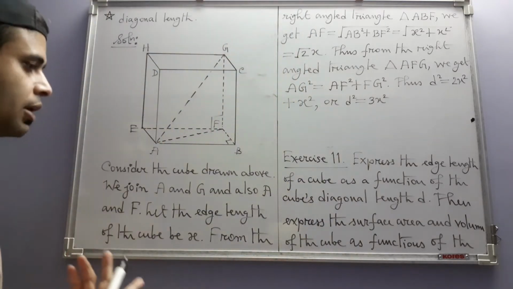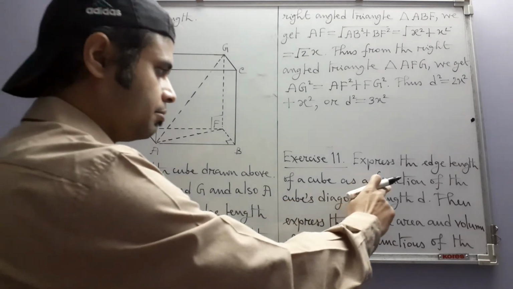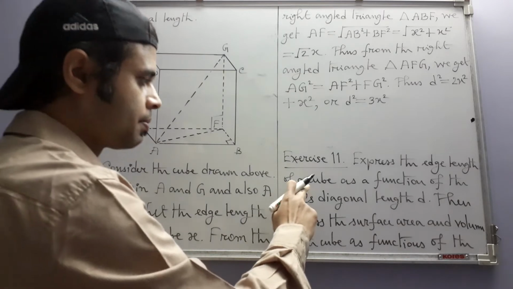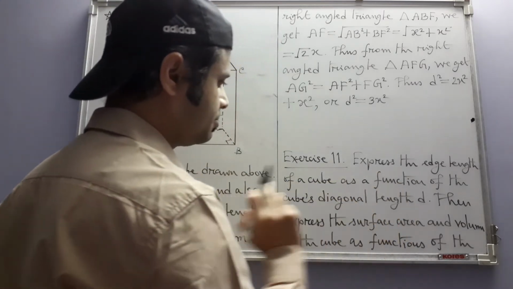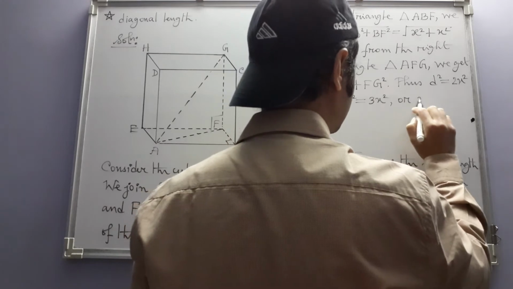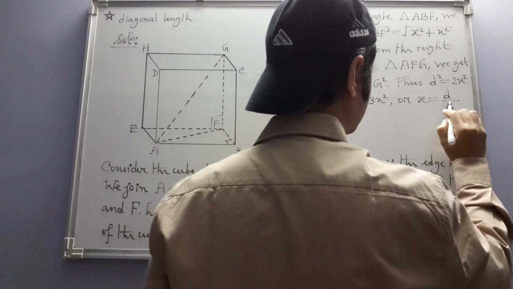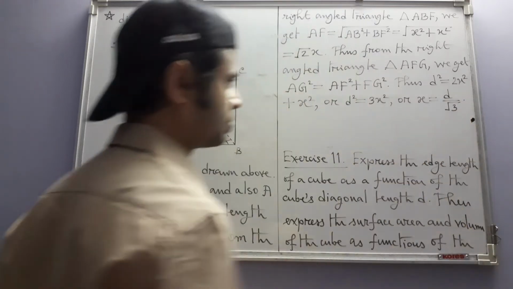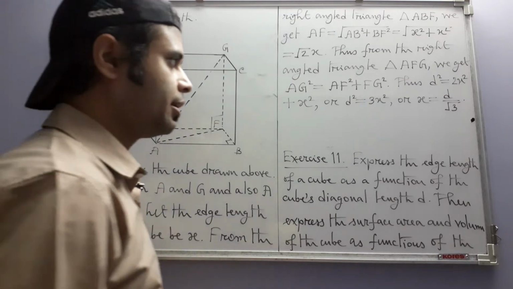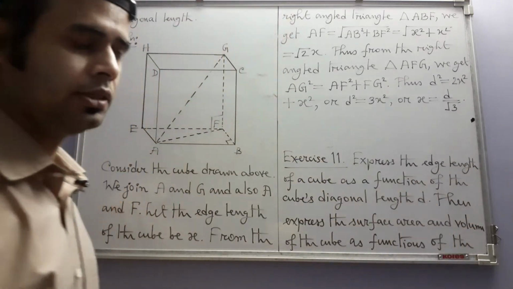So our aim is to find the side length, edge length or side length, same thing, as a function of cube's diagonal length. So it is this edge length as a function of diagonal length. You get the edge length when you divide the diagonal length by square root of 3.